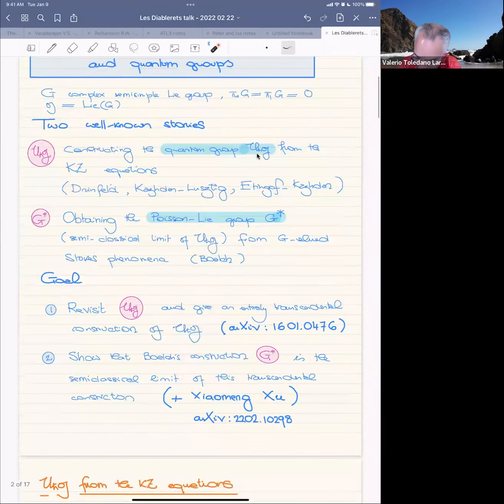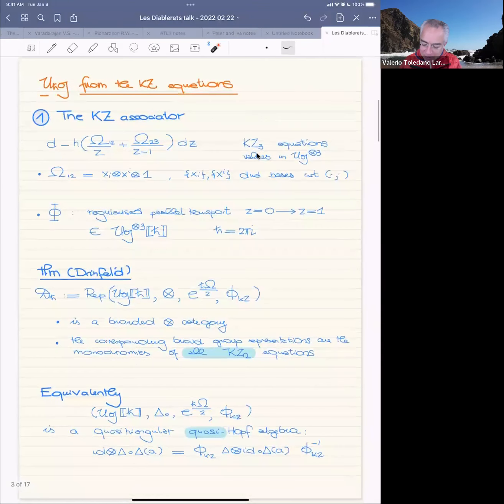All right, so let's start from the beginning. Let me quickly remind you how you construct the quantum group from the KZ equations. The first step, I'm going to go a little quickly because this is probably known to all of you, but feel free to stop me. We start from the KZ equations in 3 points, which are this equation here. This is an equation with values in the third tensor power of the enveloping algebra, and these omega ij's are Casimir tensors.